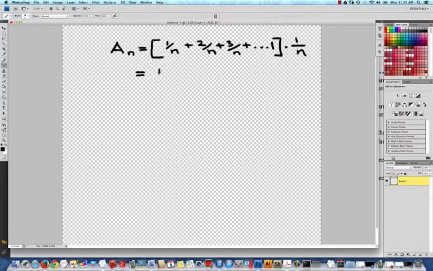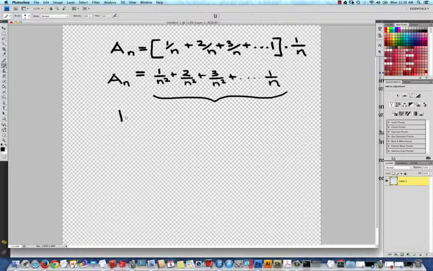Well, this becomes 1 over n squared plus 2 over n squared plus 3 over n squared, all the way up to 1 over n. And so that right there, even though it's not an actual real number that we can see, is the formula which represents the nth approximation to the area under the curve y equals x.